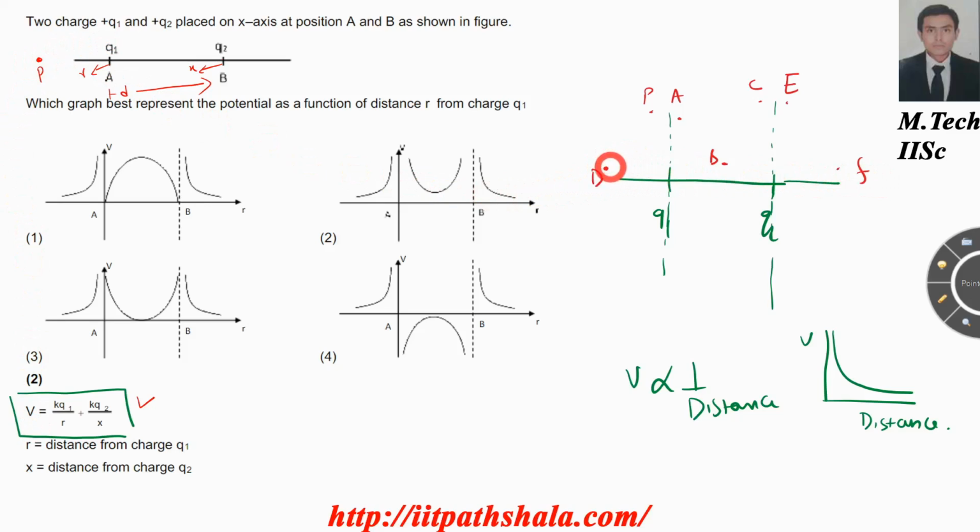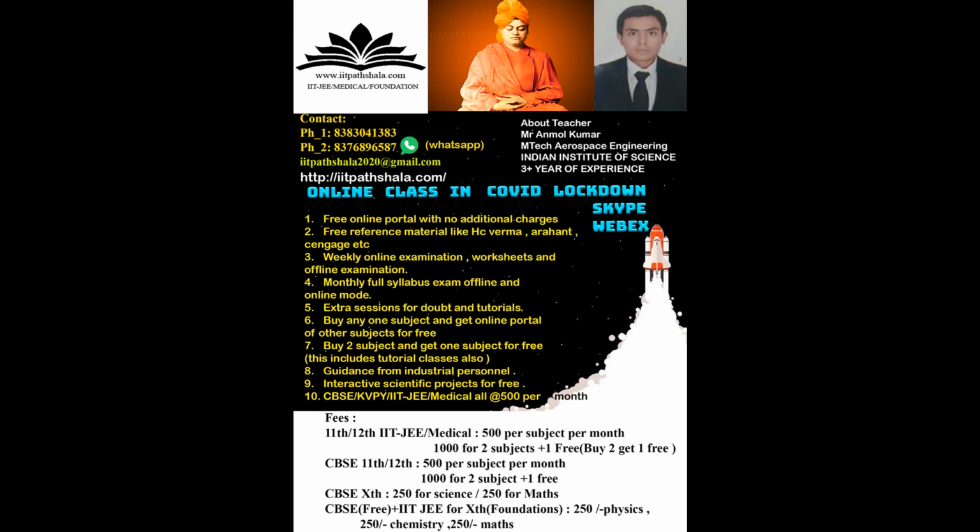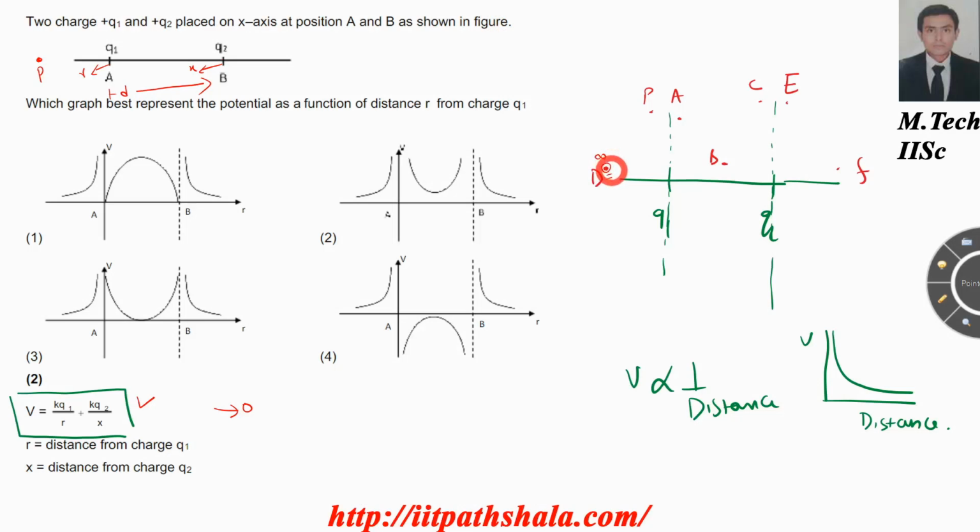So I have this point situated very far at infinity, let us say at a point D. At a very far point, the value of r will be infinity and the value of x will be infinity. So this expression will tend to 0 but will not be equal to 0, or the value will be very near to 0.